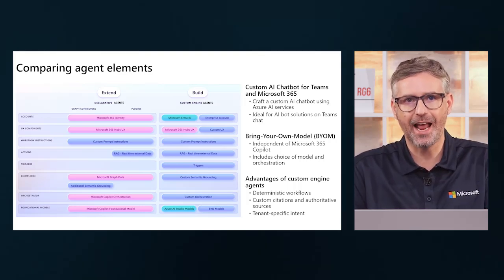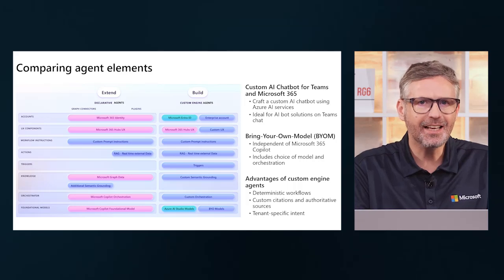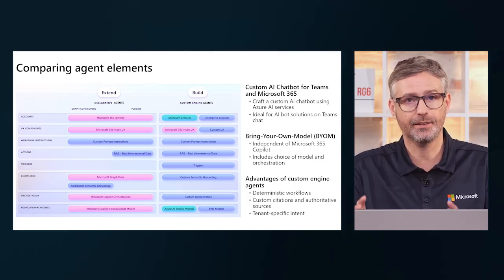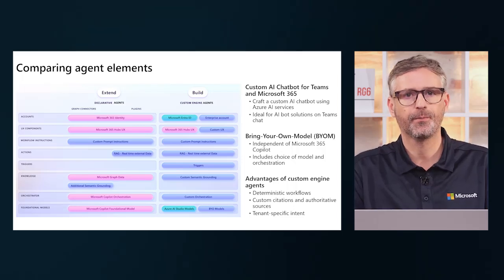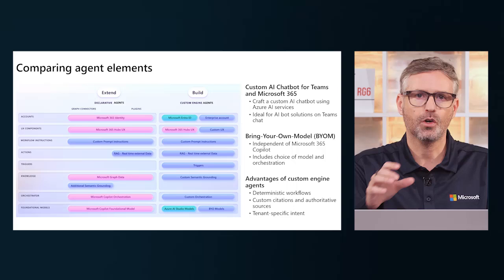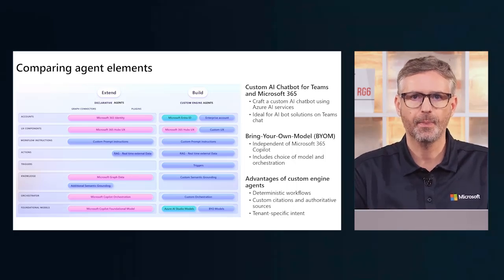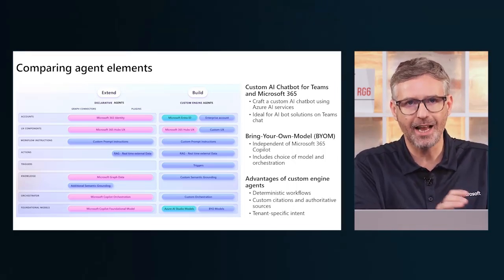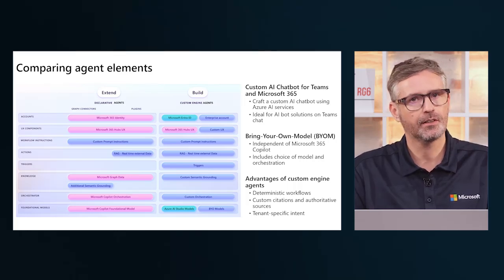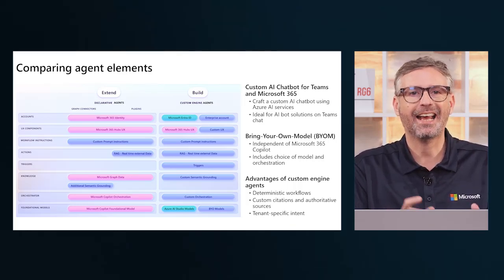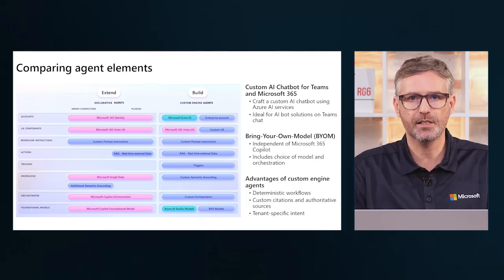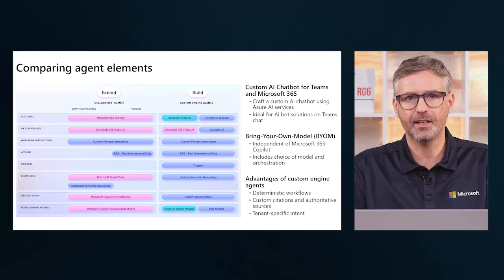With custom engine agents, your agent is entirely independent of Microsoft 365 Copilot, including the LLM and the orchestrator. This diagram provides a comparison between Copilot agents, connectors, plugins, and declarative agents, and building custom engine agents. By using custom engine agents, you can achieve deterministic workflows, custom citations, and authoritative sources to the responses, and tenant-specific intent.